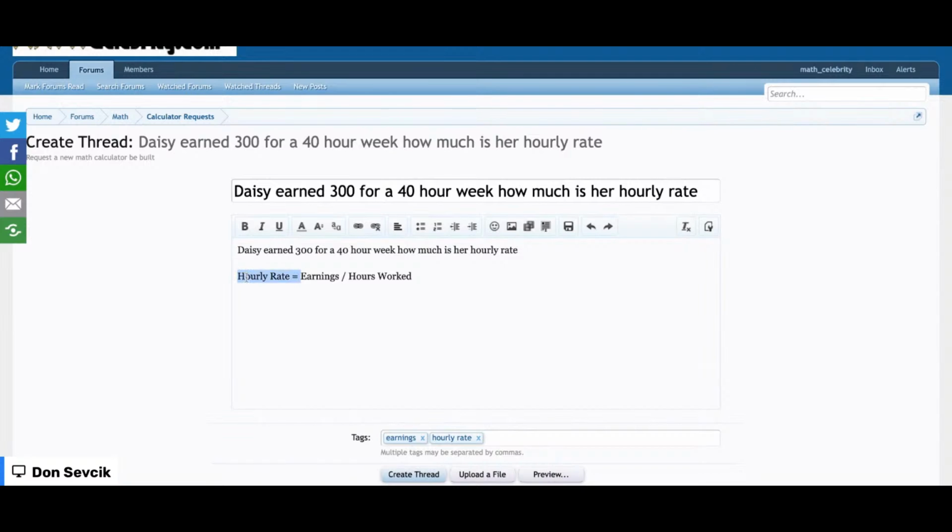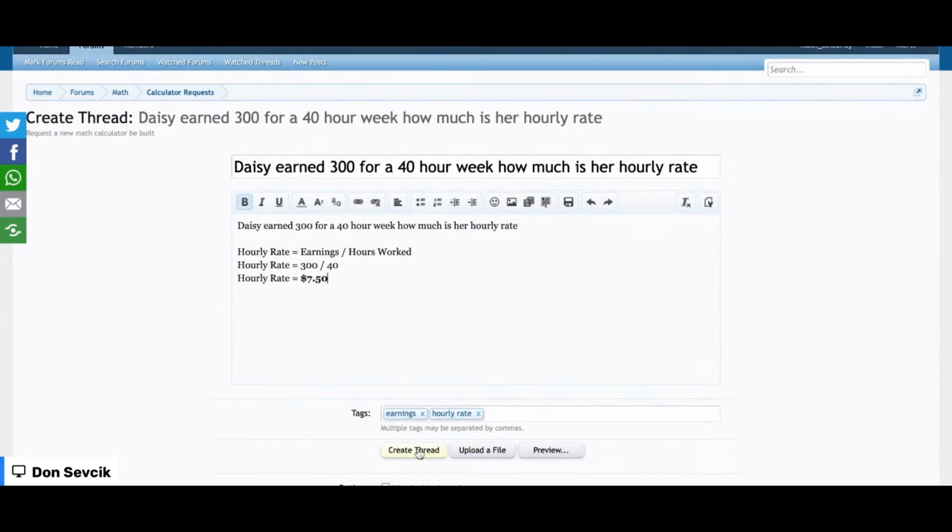That's how we get that. Daisy earned $300 and we divide by a 40-hour work week. I'm going off camera here to use my calculator because I am lazy. It's 7.5. So Daisy earns $7.50 per hour. That's how we get that.